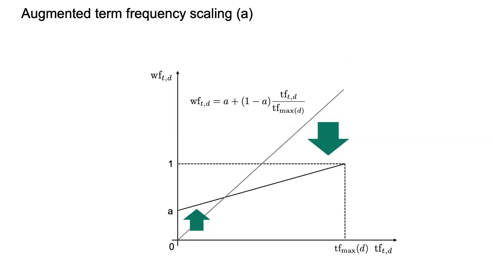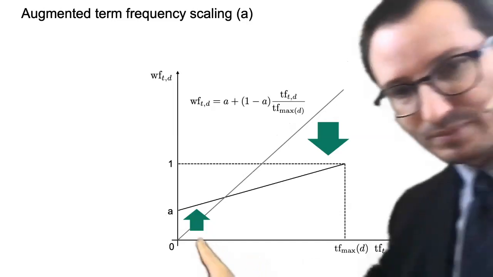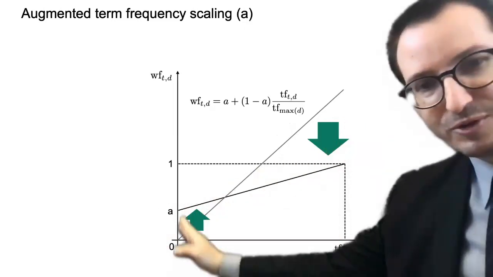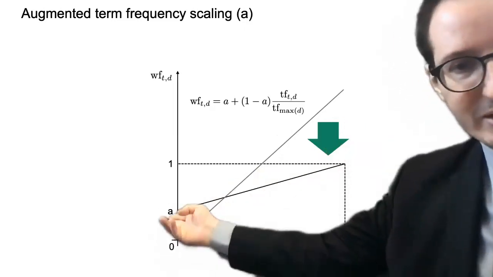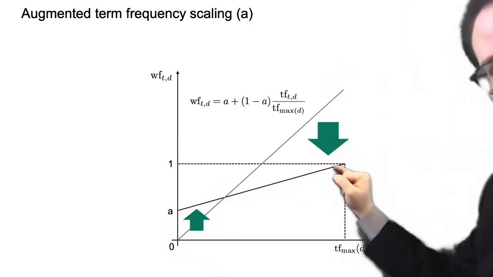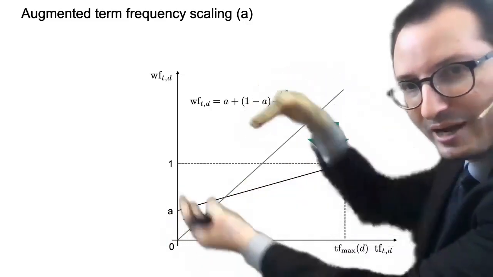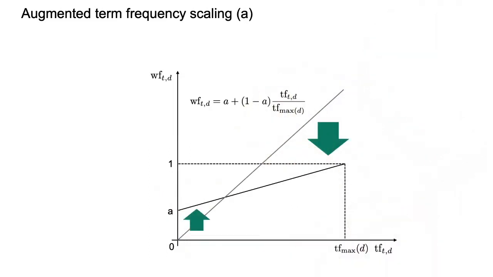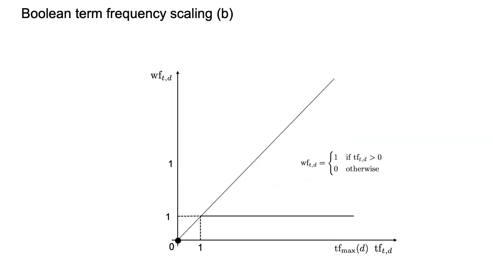So this is why you have this A and 1 minus A. So it gives you a curve more like this one here. Right? So if the term doesn't appear at all, you still have something that is positive. And if the term appears very often, you have a bit less than the actual term frequency. So you basically just kind of rotate the curve a little bit like this, right? So you overweight the terms that are less frequent and you underweight the terms that are more frequent. Okay, that's A, the letter.